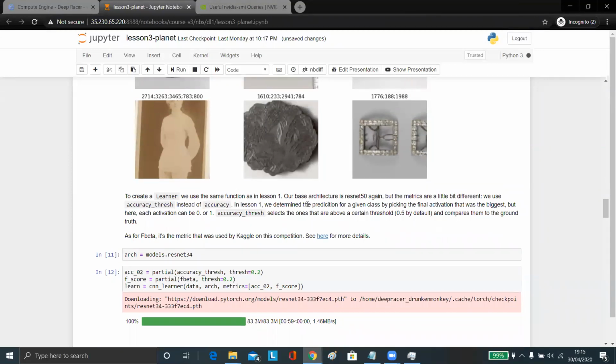Okay, so the learner architecture. So we're not using ResNet 50. The measure is a little bit different. We use accuracy thresh instead of accuracy to determine the prediction of class. Accuracy thresh is just accuracy with a threshold. Oh yeah, of course, because it's multi-labeling. So it's going to come back with all the labels and give them a percentage.